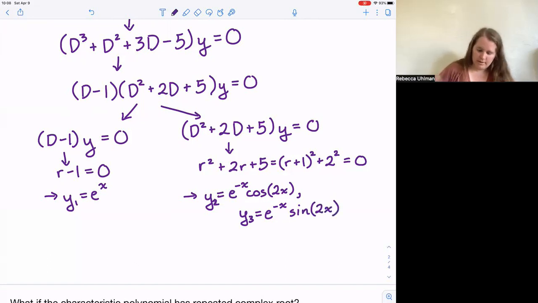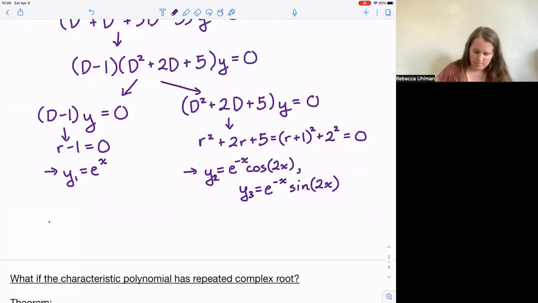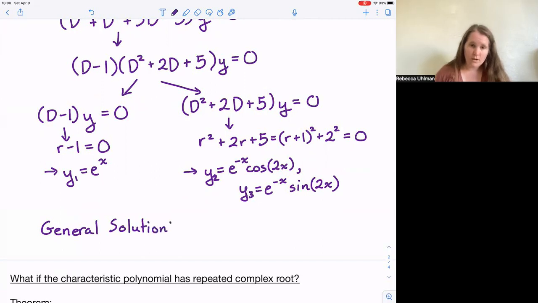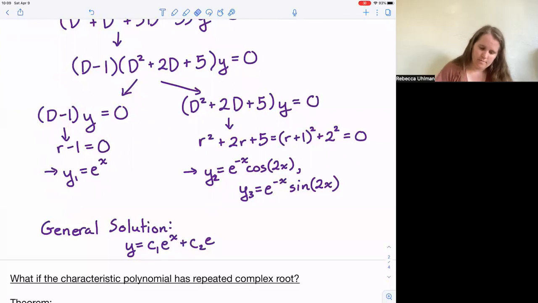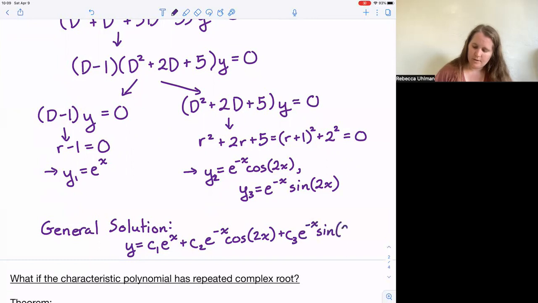And so in this case, we would get general solution of y is equal to c1 e to the x plus c2 e to the negative x cosine of 2x plus c3 e to the negative x sine of 2x.